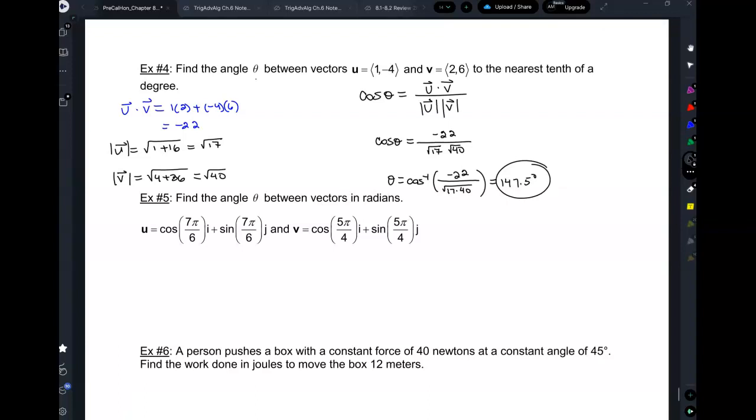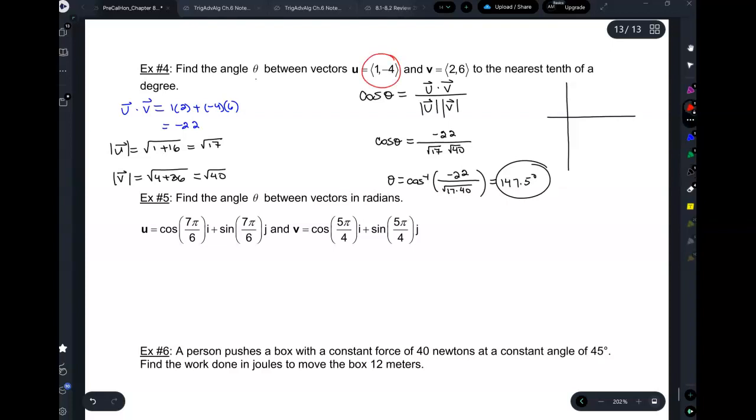Okay, so let's see what it is that we've done, right? Let's just see, conceptually, what it is that we've done. Let's draw vector U. It's 1, -4. That's vector U, yeah? Let's draw vector V. It's 2, 6.